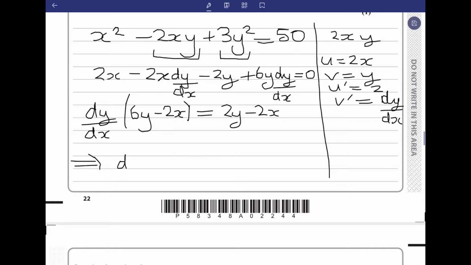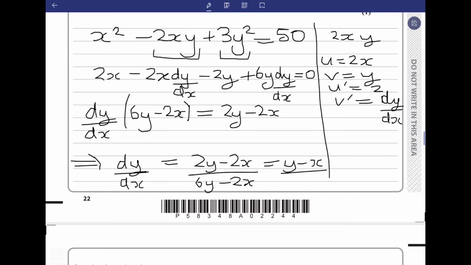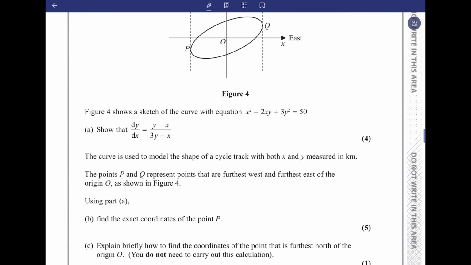And therefore we get dy by dx equals 2y minus 2x over 6y minus 2x. Then we can divide everything by 2, as there's a common factor, to get y minus x over 3y minus x. And this is the required answer here.